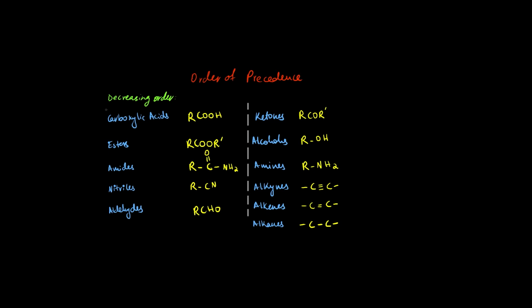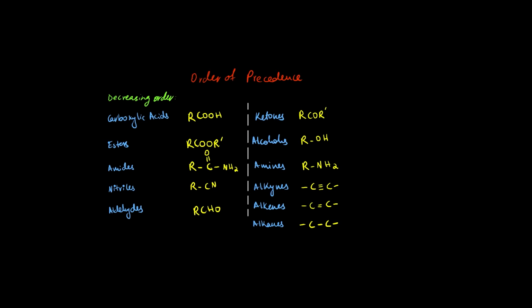Now this order of precedence is in a decreasing order, meaning that carboxylic acids are on number 1, esters are on number 2, and amides are on number 3, nitriles on 4, aldehydes on 5, ketones on 6, and so on, alkanes on 11, right? So you need to keep these in mind.